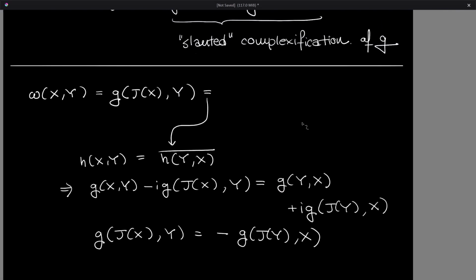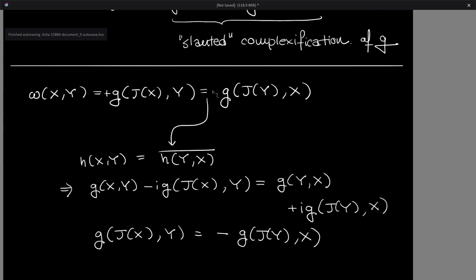So what we were looking for was a rule that would allow us to flip the x and the y, and that's what we got. Sorry, there was supposed to be a minus sign here in the definition, or if we were using the new definition, then there's a plus sign here.